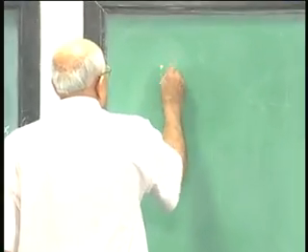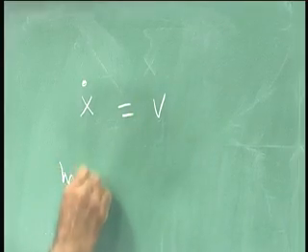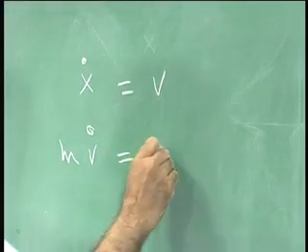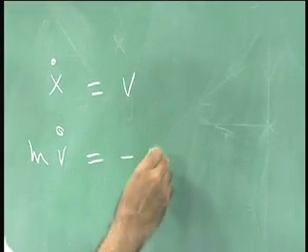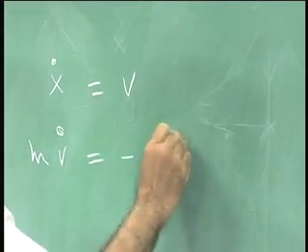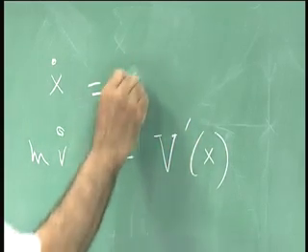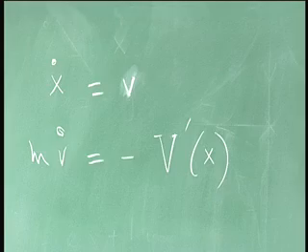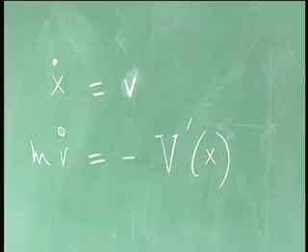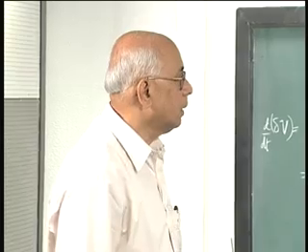You have x dot equal to v and m v dot equal to f of x, which is minus V prime of x for a potential problem, and the question is, is a volume element conserved in this case or not? What would you say?